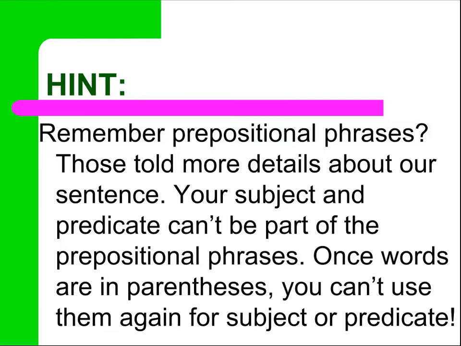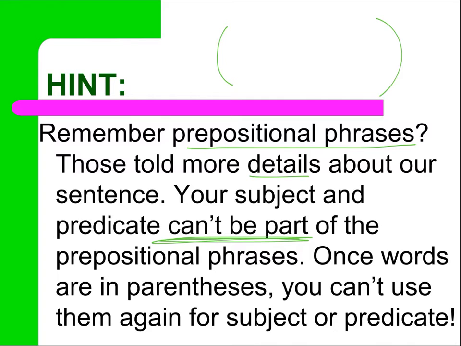Here's a hint that may help you labeling subject and predicates. Remember prepositional phrases, where we put the parentheses, starting with a preposition and ending with a noun or pronoun? Those prepositional phrases gave us more details about our sentence. Your subject and predicate cannot be part of the prepositional phrases. So when we marked prepositional phrases in our sentences with parentheses, nothing in parentheses can be used for your subject or predicate.